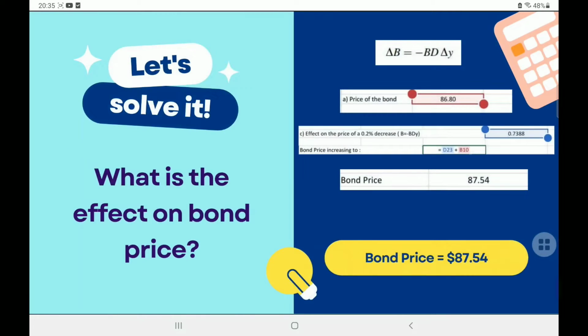Next is, what is the effect on bond price when the yield decreases by 0.2%? Therefore, we will use the formula delta B equals negative B D delta Y. The effect on the price of a 0.2% decrease is equal to negative B, which is the price of the bond, times the duration of the bond, times the decrease, which is 0.2%.